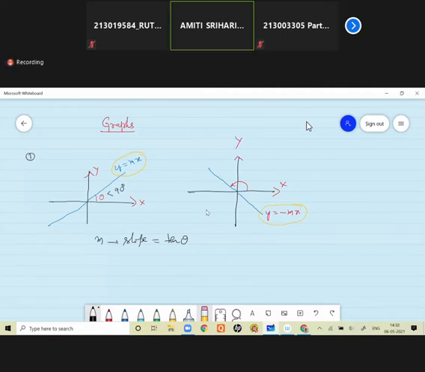Coordinate geometry. Okay, now you understood? Parth, sir, what is y and x here? Are they the y and x axis?